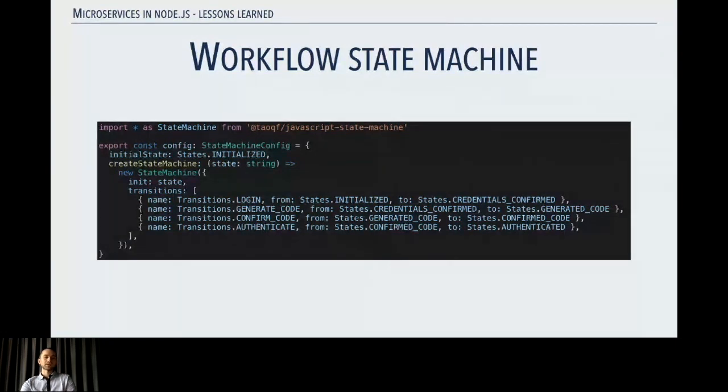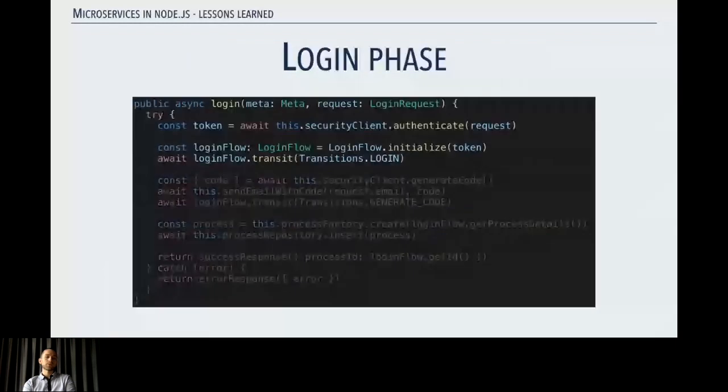And having that state machine defined, let's go through our login phase, which is implemented in our workflow service. So first of all, when we would like to log in, we are, of course, communicating with our security client because it is its responsibility to authenticate the user, and we get our token from it. Then we are initializing our flow, and we are trying to transit to the first step of that flow, login.